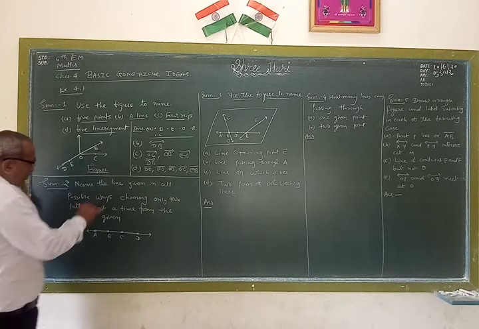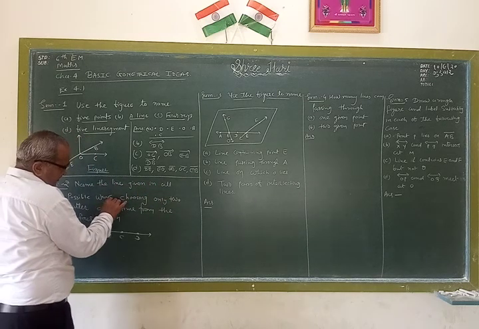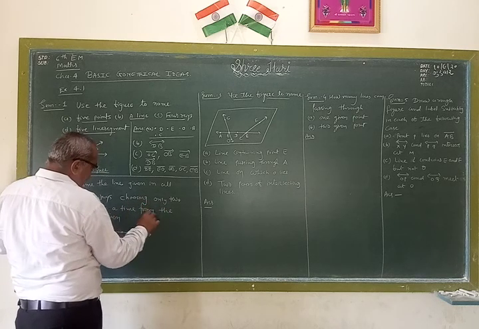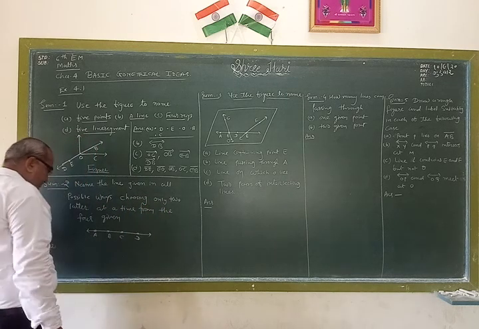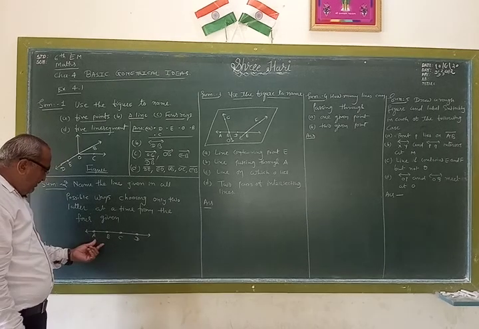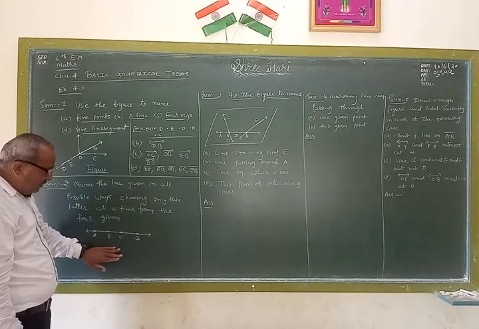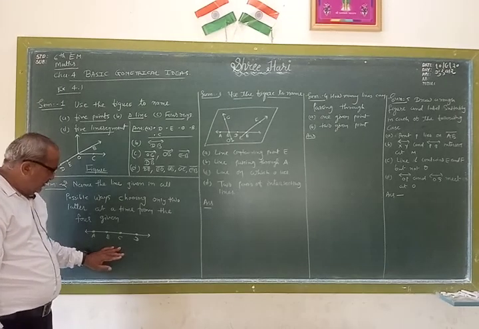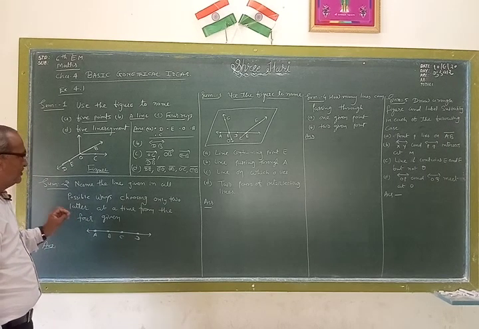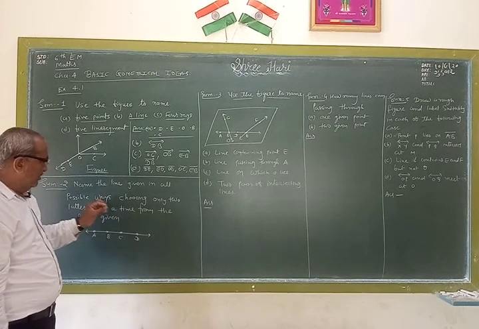Friends, sum number 2, name the line in all possible ways, choosing only 2 letters at a time from the 4 given. We have a line and 4 points on the line. With the help of this figure, we have to give all possible names of the line.